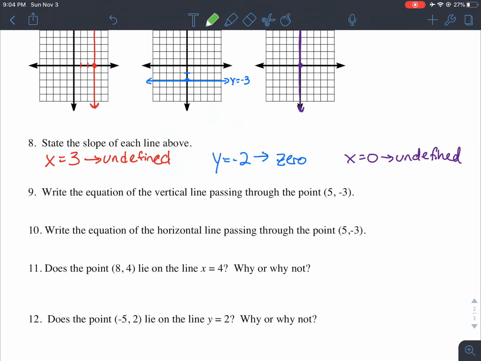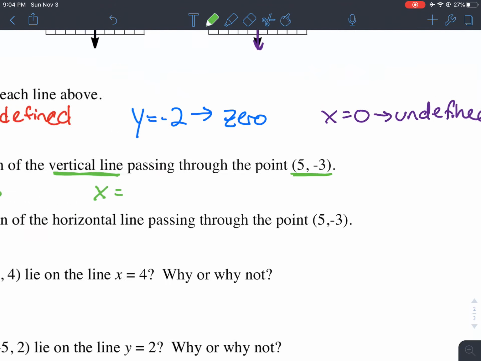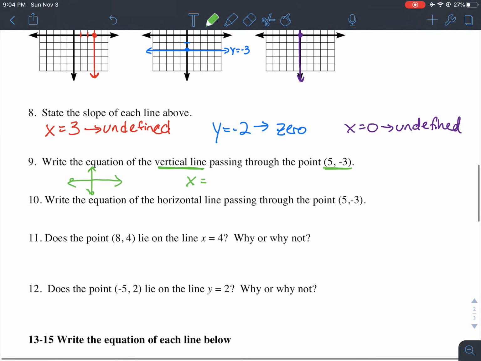For the next example, write an equation of a vertical line passing through the point 5, -3. So, since it is a vertical line, I know that it's going to have the form x equals a number. I just have to figure out, is it x equals 5 or is it x equals -3?